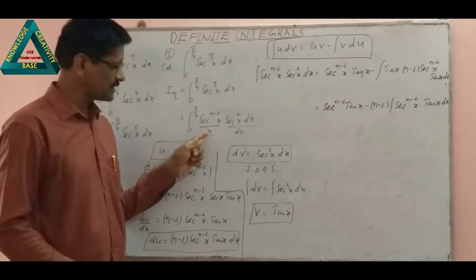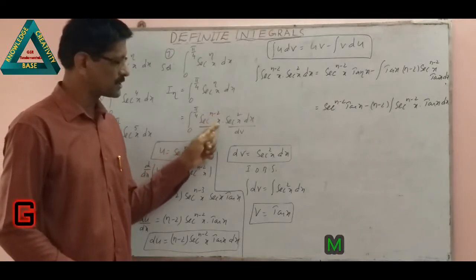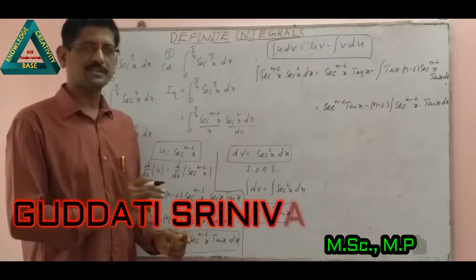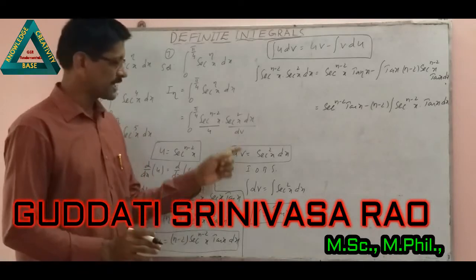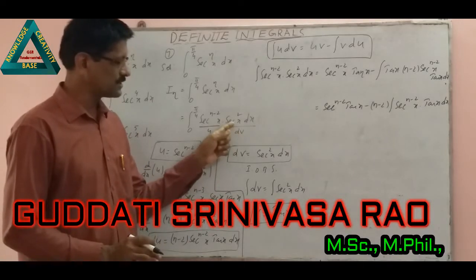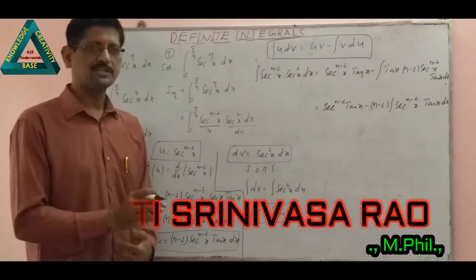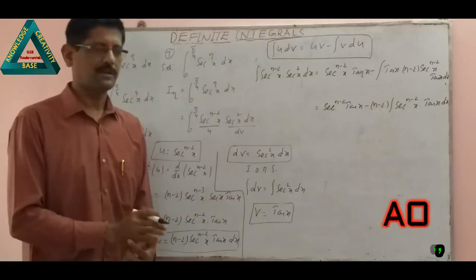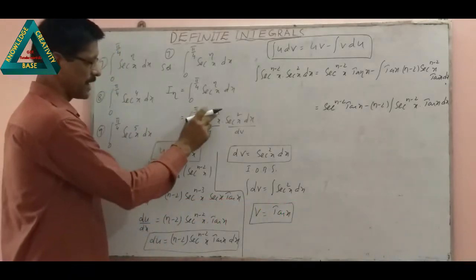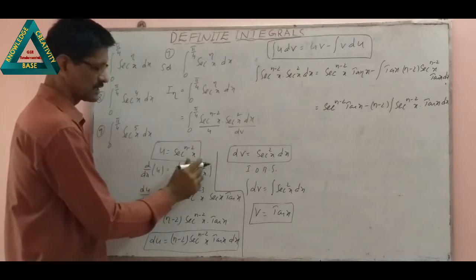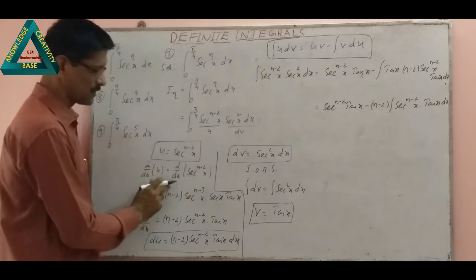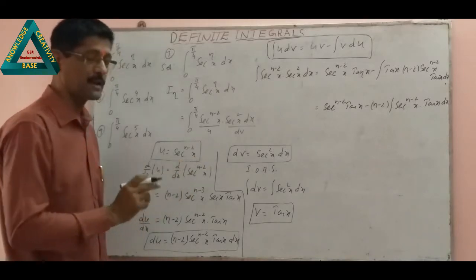Here the first function u is equal to secant power n minus 2 x, differentiating on both sides with respect to x. The second function dv is equal to secant square x dx, integrating on both sides to get v. So u is equal to secant power n minus 2 x, and du by dx is equal to d by dx of secant power n minus 2 x.